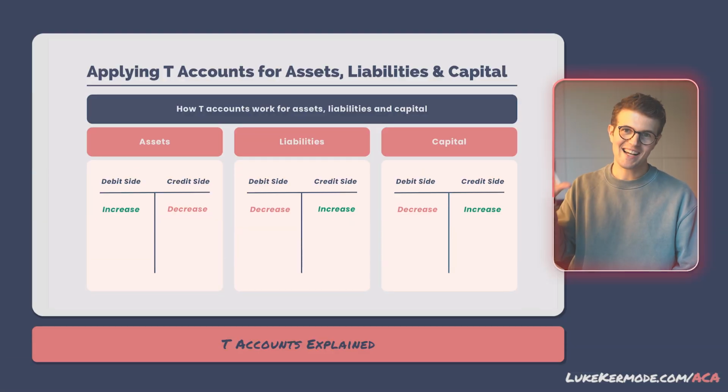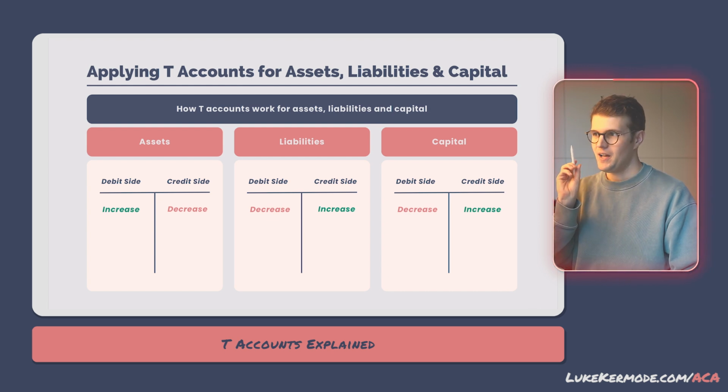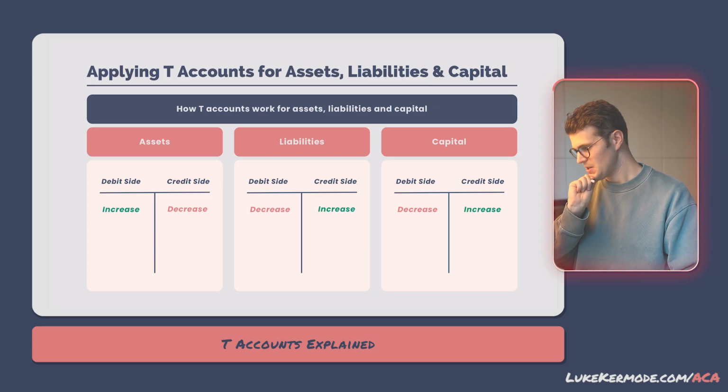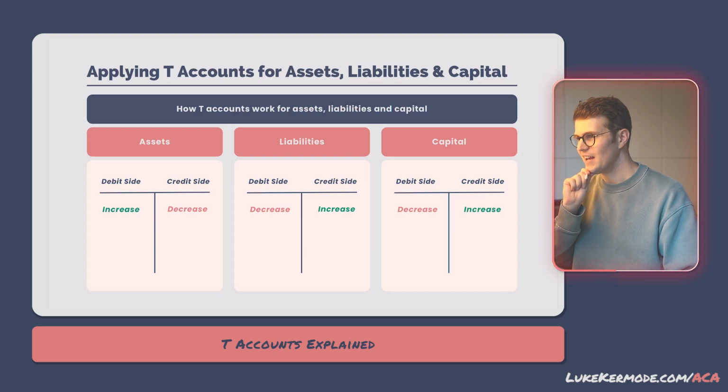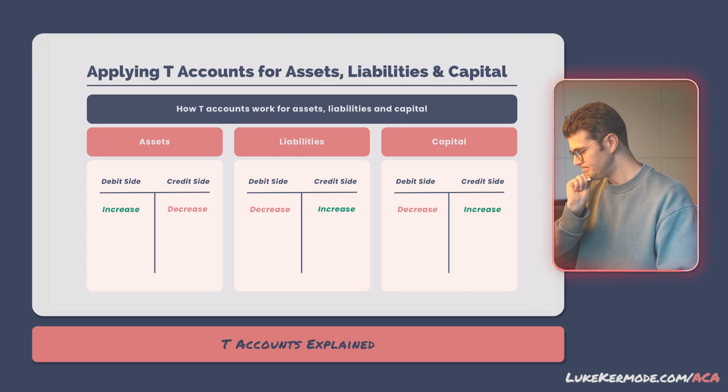Okay, so keeping the debit-credit rules front of mind, let's look at how T accounts behave for assets, liabilities, and capital, the key elements of the accounting equation. So starting with assets, when an asset increases, we record it on the debit side, which is the left-hand side of the T account.